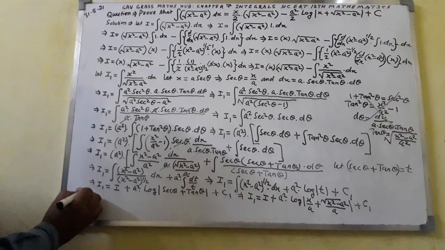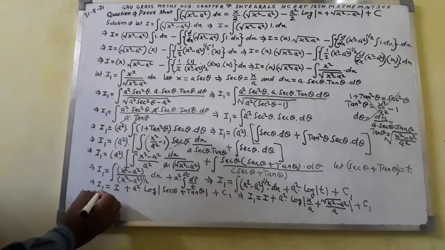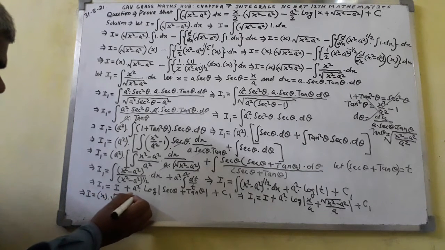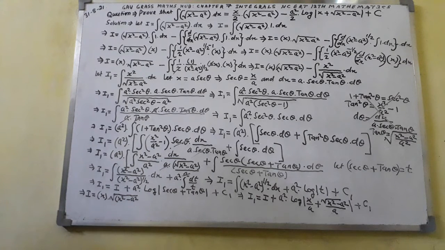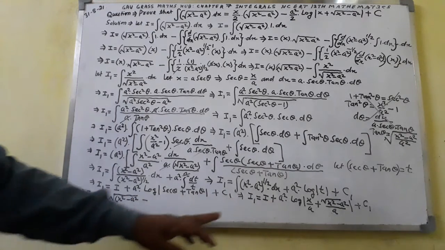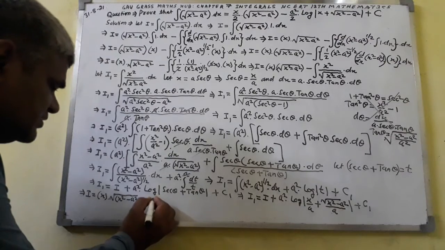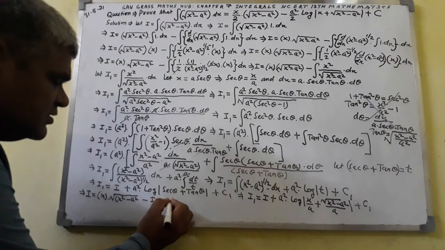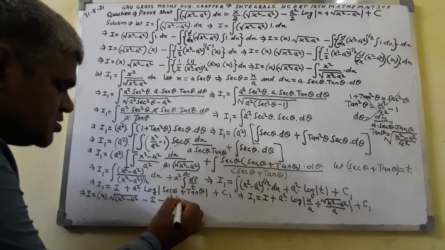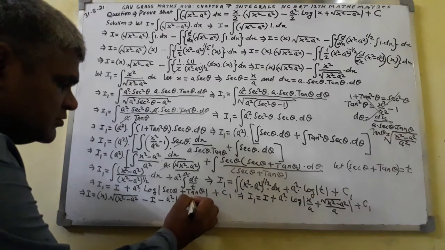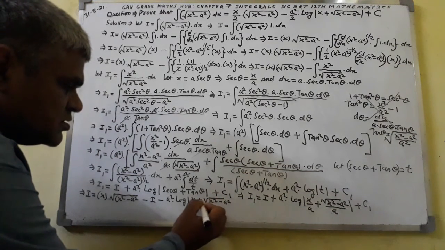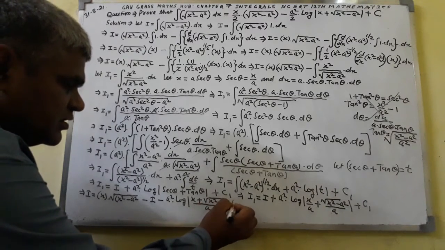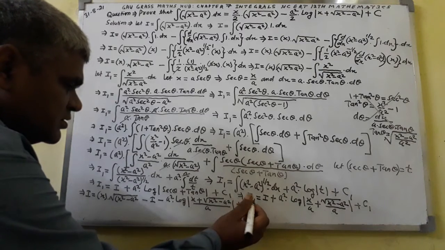Hence I equal to x dot under root x square minus a square minus, and I shall get this term, the whole term, it will become minus I, minus a square dot log mod x plus under root x square minus a square, whole over a, plus C1.